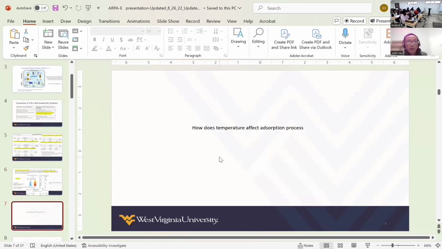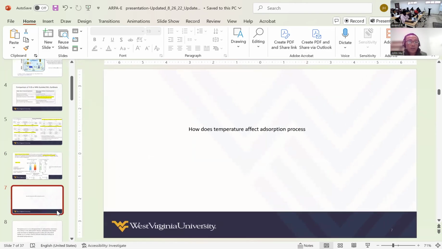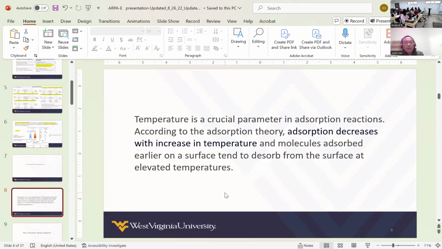So now, how does temperature affect adsorption? You answered my question already. Okay. Temperature is a crucial parameter in adsorption reactions. According to the adsorption theory, adsorption decreases with increase in temperature. You follow me? So if you want the ammonia to adsorb on the surface, you need to decrease the temperature.